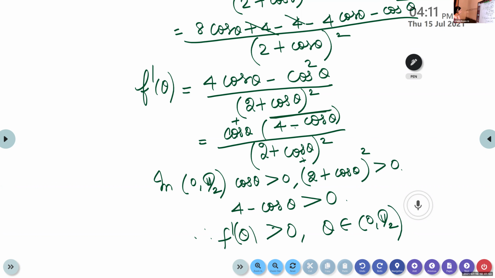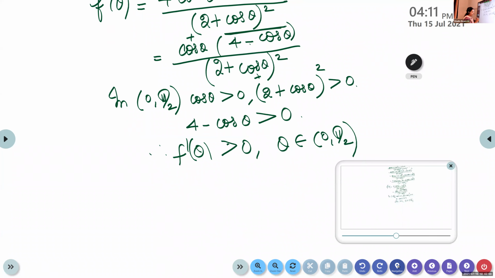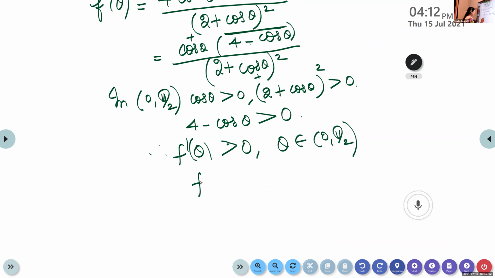So if it is positive, what can we say, Gauri? Increasing. Yes, f of theta is increasing in the interval 0 to pi by 2.